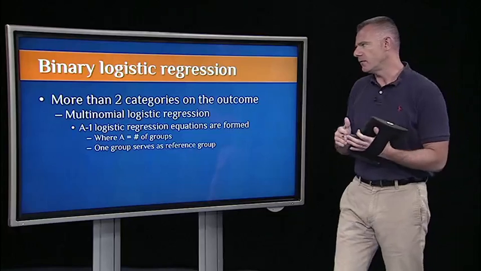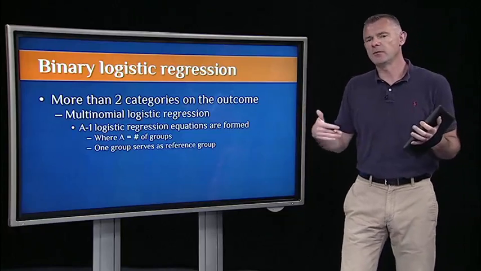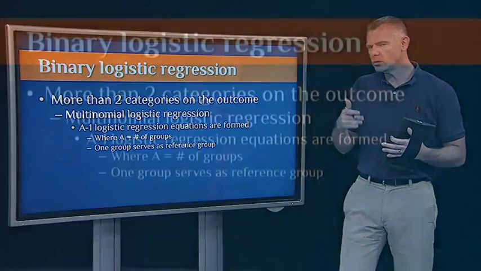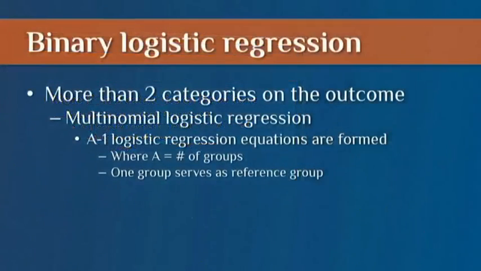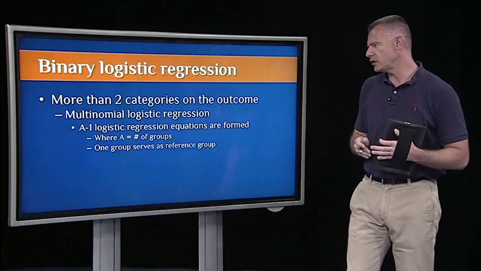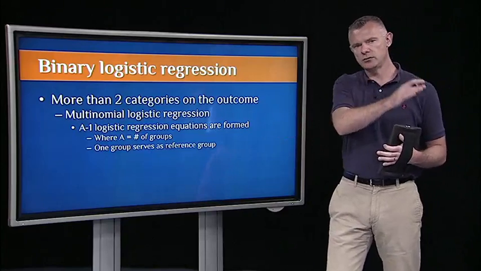And finally, if I wanted to extend this to examples with more than 2 categories on the outcome variable, then I could do what's called multinomial logistic regression. And the way that works is it's sort of like dummy coding back when we had more than 2 categories on a categorical variable. We just set one group as a referent, and then we would have multiple logistic regression equations formed to compare each level of my category to the referent.